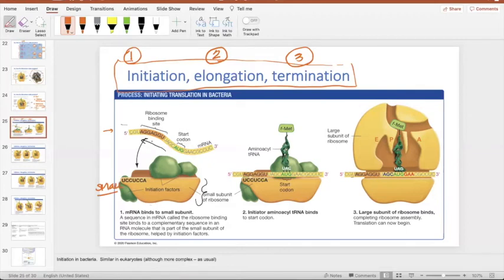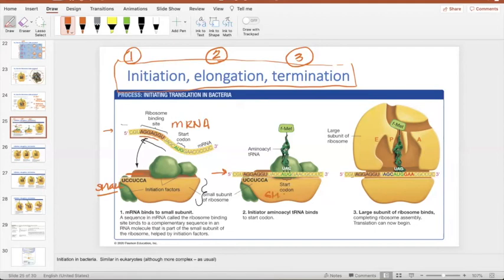If you're a prokaryote, usually there is a sequence embedded in the mRNA that matches a region of the ribosome. Also, if you're a eukaryote, that guanine cap would also align down here. But either way, what eventually happens is that your mRNA here is able to attach to the small ribosome subunit here, okay?